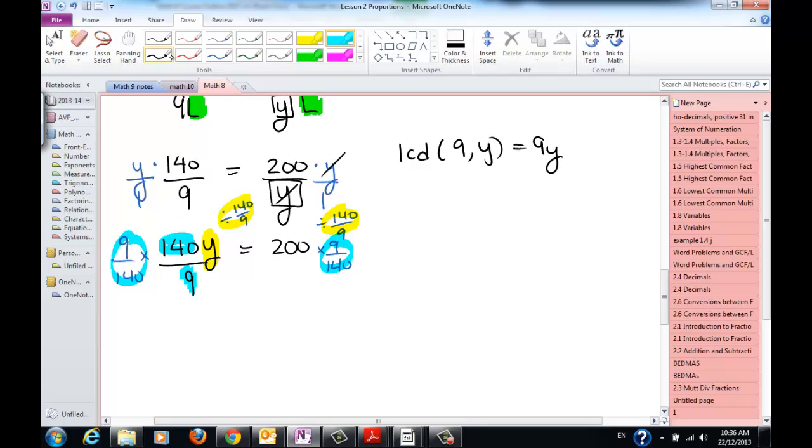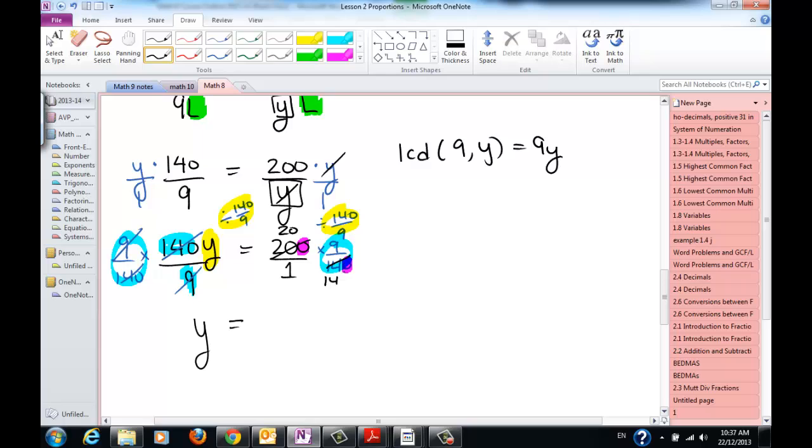So on this side, 140 divided by 140 is 1, and 9 divided by 9 is 1. So on the left-hand side, I'm left with y. On the right-hand side, I can put 200 over 1. Now, right away I see that we've got some zeros here, so I can reduce both by 10, so I have 20 and 14 here.